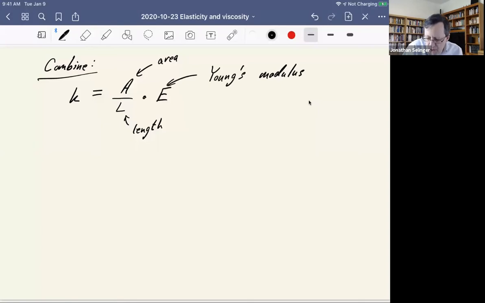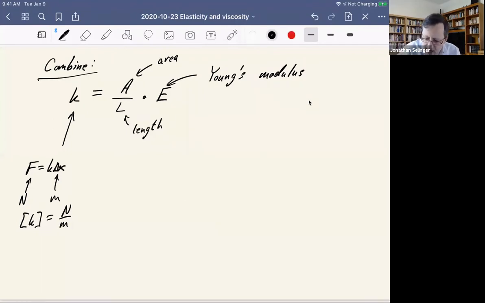We can work out the units of Young's modulus, okay? So we know, let's see, what are the units of K? Well, let's go back to the original equation for Hooke's law. F is K times delta X, okay? So this is newtons, this is meters. So the units of K are newtons per meter.